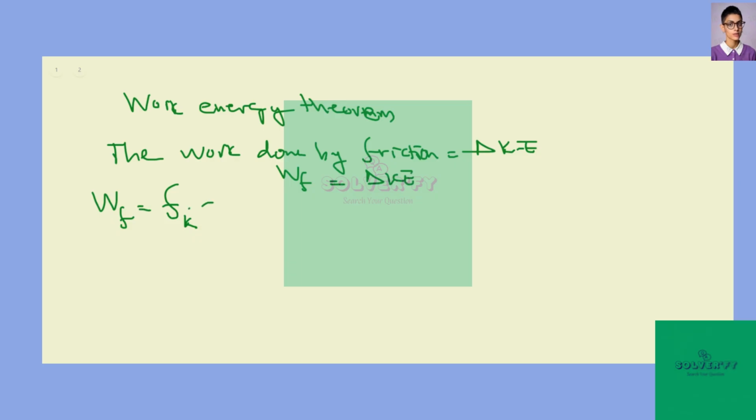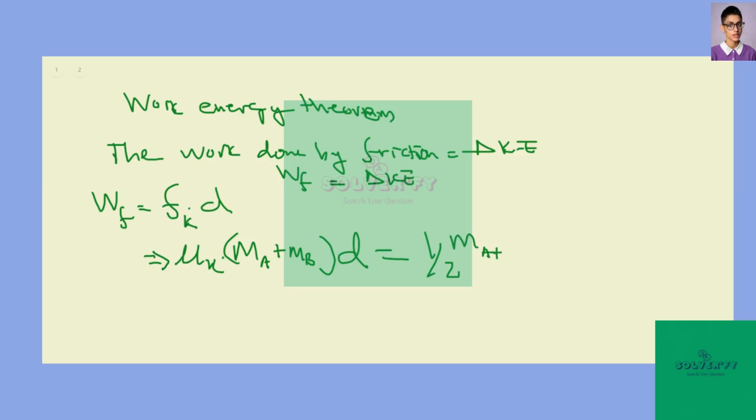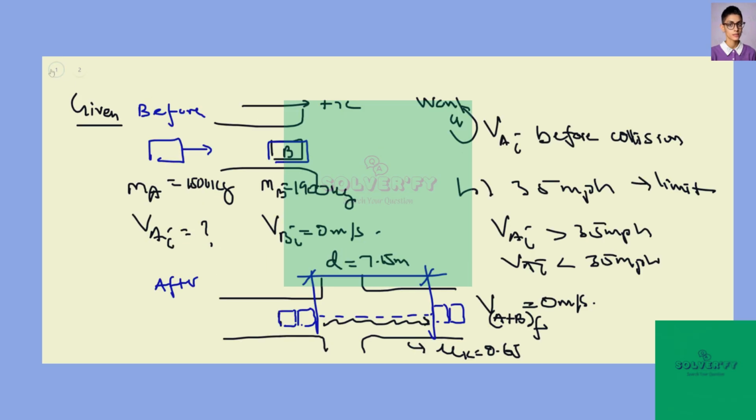Work done by friction is the frictional force, mu K times the weight or the mass of the two cars, because they stick together, times the distance, and that has to equal the change in kinetic energy, which is the final of A and B. Remember, the final of A and B is going to be 0.